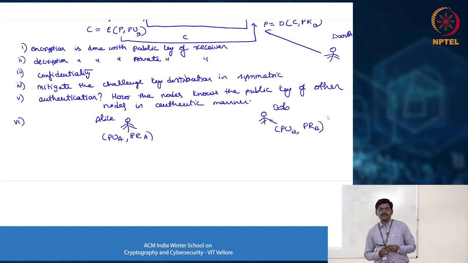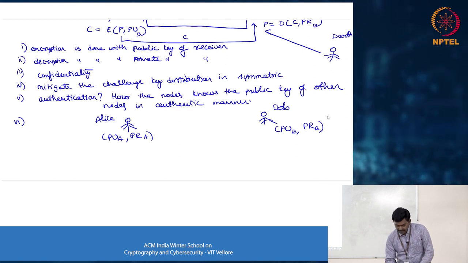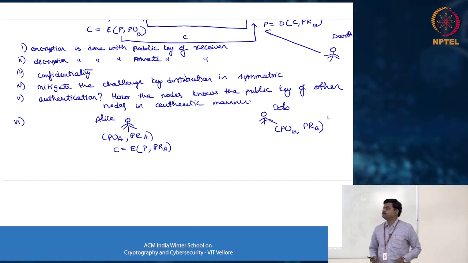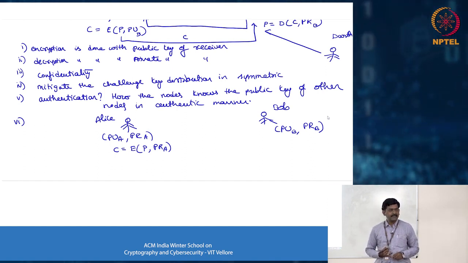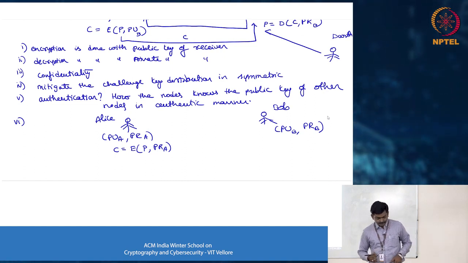Now encryption is happening in this way. Alice created the ciphertext with the help of her private key.